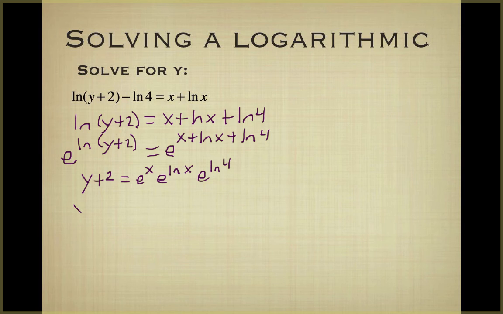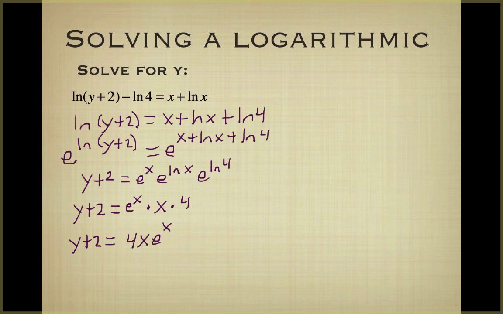So then we have y plus 2, e to the x stays e to the x, e to the ln of x just becomes x, so times x, and e to the ln 4 becomes 4, so it's times 4. So we have y plus 2 equals, I'm going to rewrite this as, 4x e to the x.